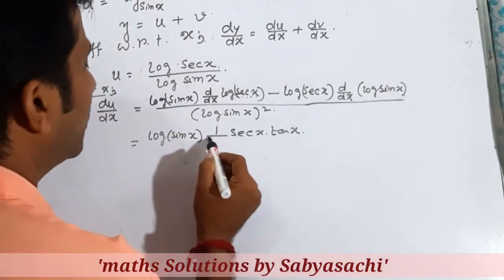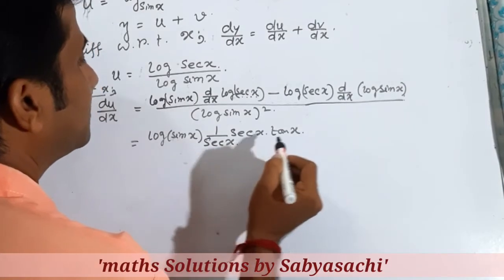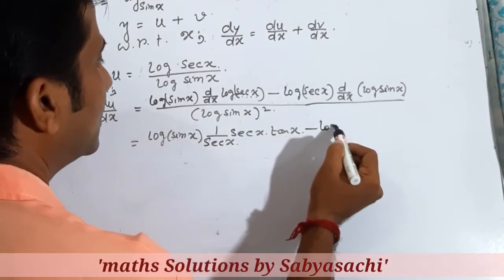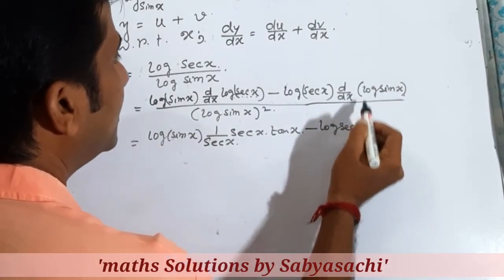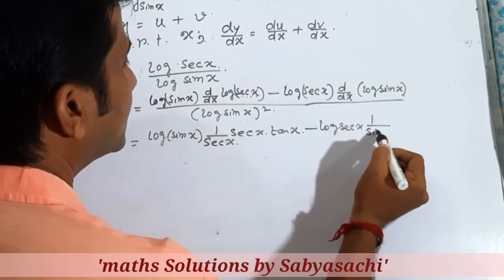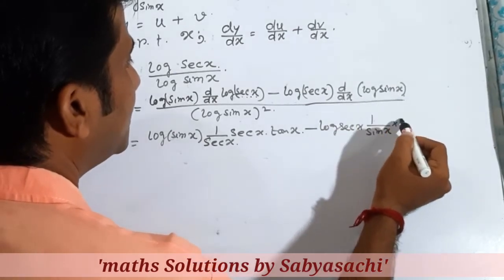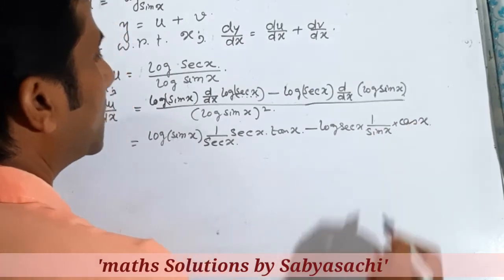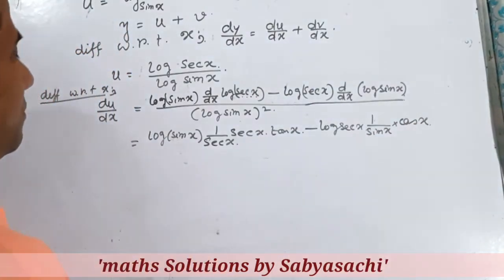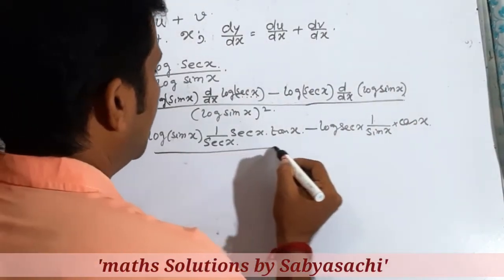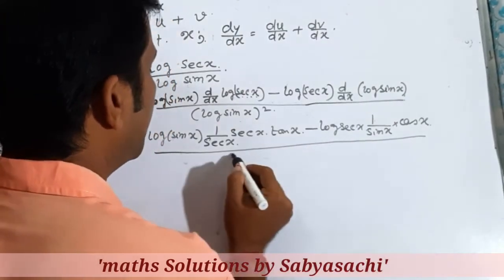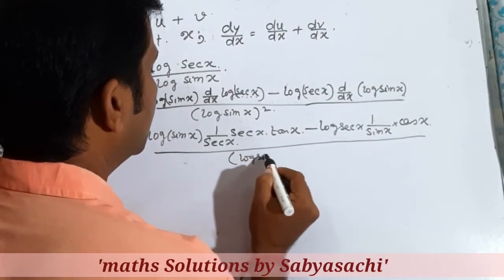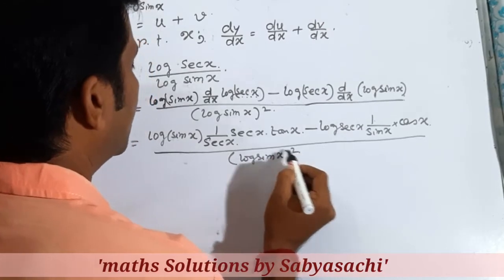That means this is 1 by sec x, minus log sec x into this is 1 by sin x, and differentiation of sin x means cos x, by log sin x whole square.